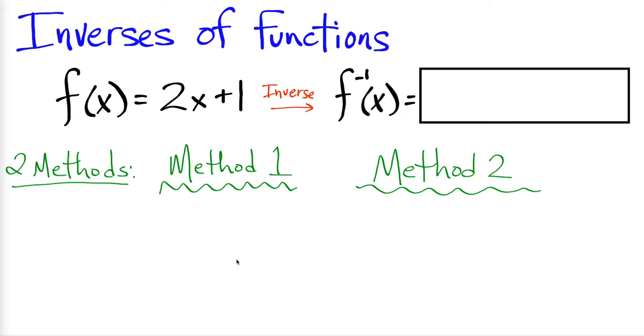The first thing is the notation for inverse. If you have f of x, that's function notation, and the inverse is going to be labeled as f negative 1 of x. There are going to be two ways to do these.